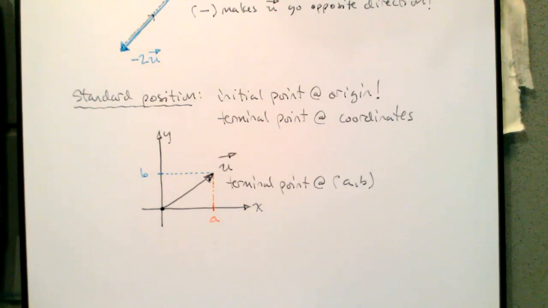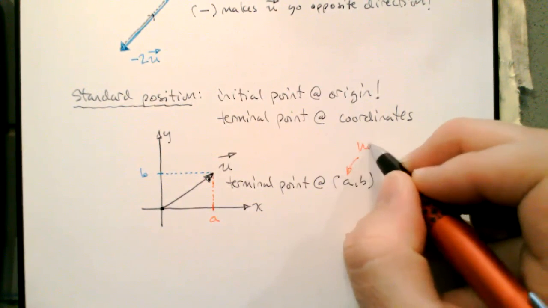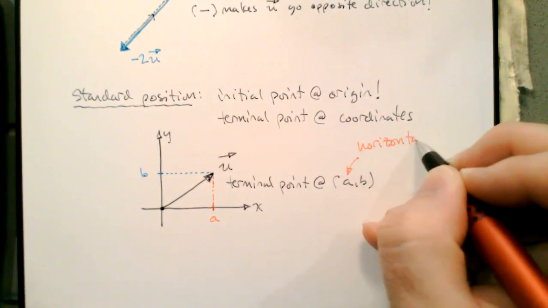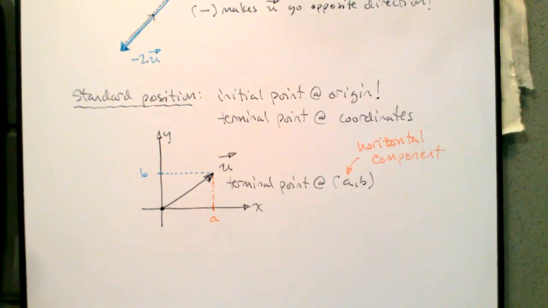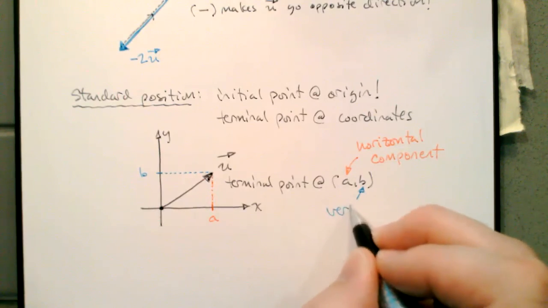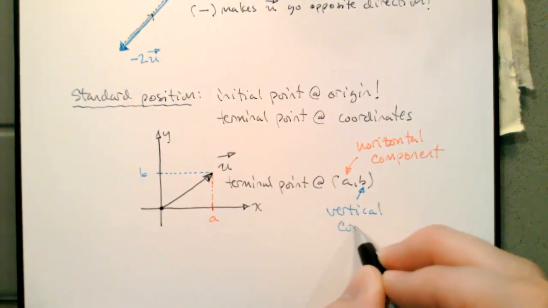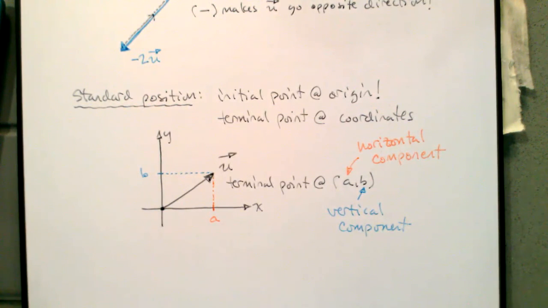So in this situation, we're breaking the vector u into horizontal and vertical components. So a would be the horizontal component, and b would be the vertical component. So we can break the vector into components.